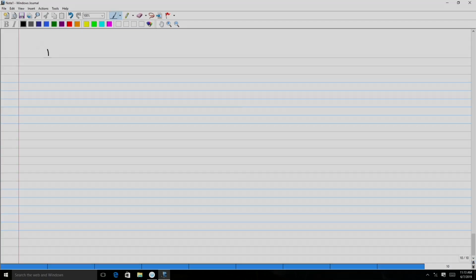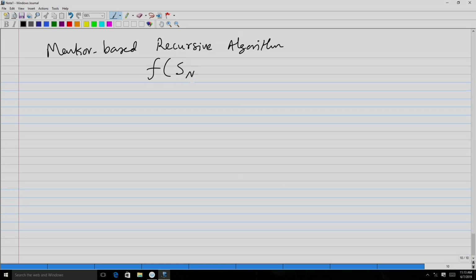So, this result gives us the algorithm for computing the price of derivatives in the binomial asset pricing model. Now, we can look at the Markov based recursive algorithm, where you have a European derivative with payoff as this, and where my S n is Markov. What will the algorithm be?